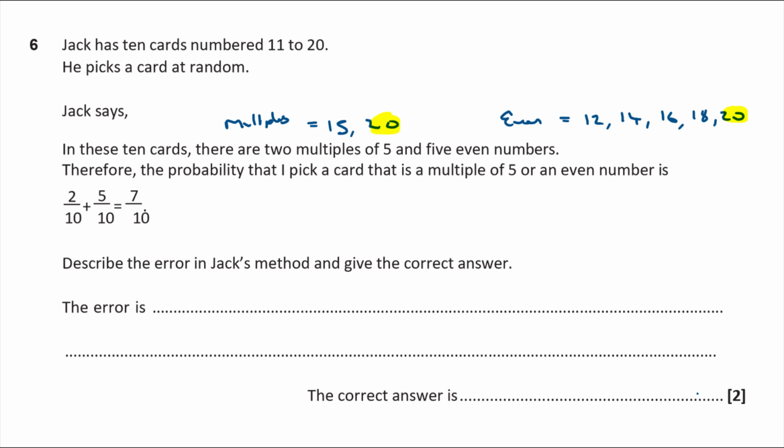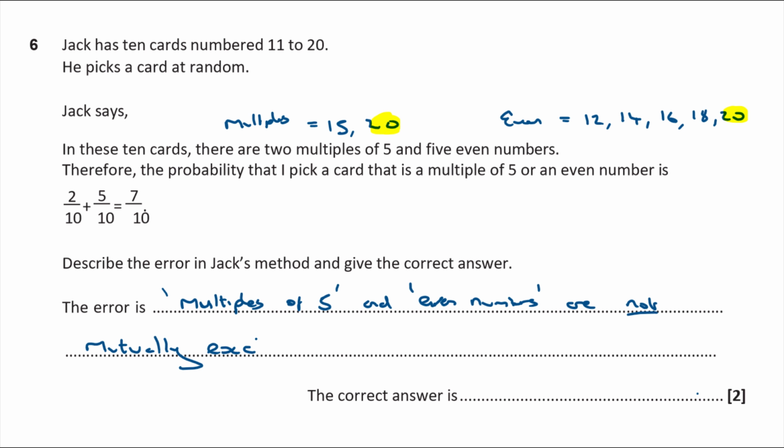So I'm going to write down: multiples of 5 and even numbers are not mutually exclusive, as 20 is in both.